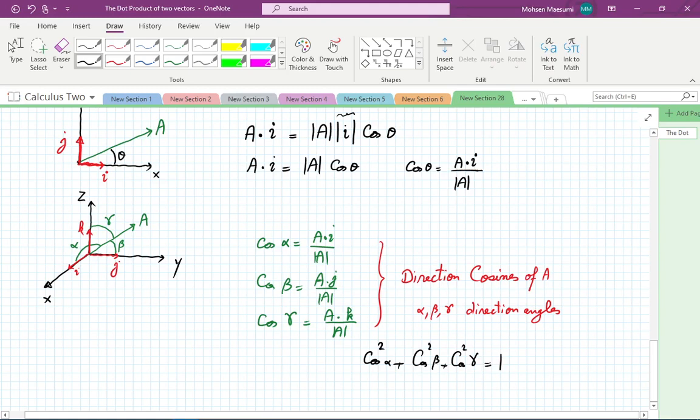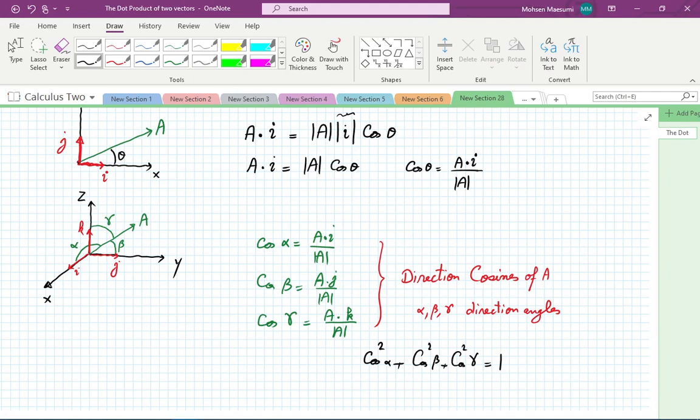It is a little bit like the identity you have in trigonometry, where the sum of the sine and cosine squares of an angle of a right triangle is equal to 1. In 3D we have this version of it, which you can simply get by squaring these 3 quantities and adding them up.